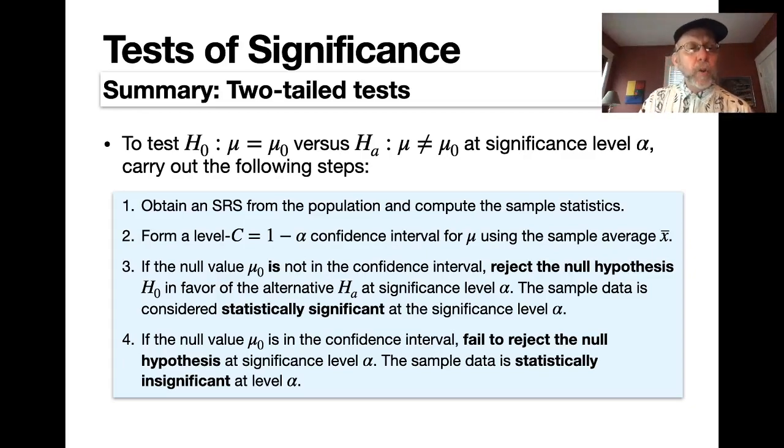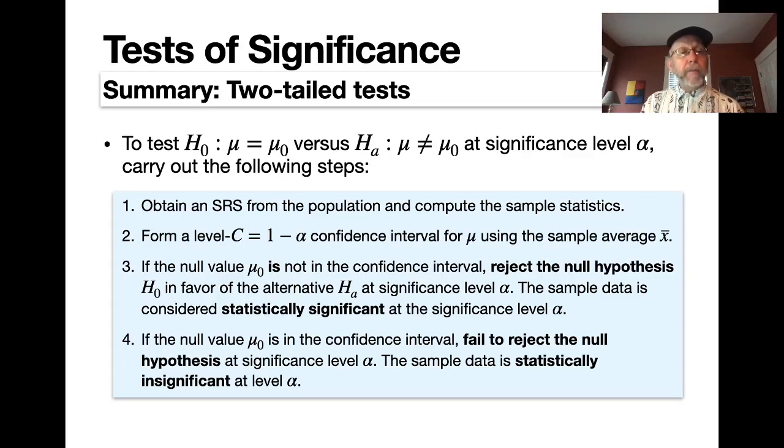Then we look and see whether the null value is in the confidence interval or not. If that null value is not in the confidence interval, we reject the null hypothesis H0 in favor of the alternative at significance level alpha, and we say the sample data is statistically significant at the significance level alpha.